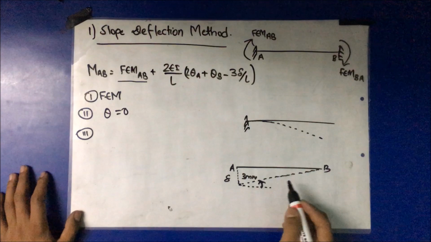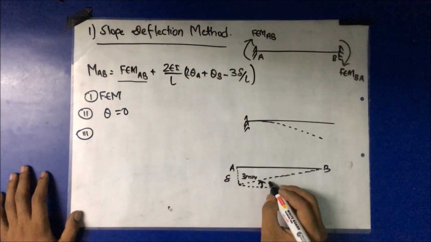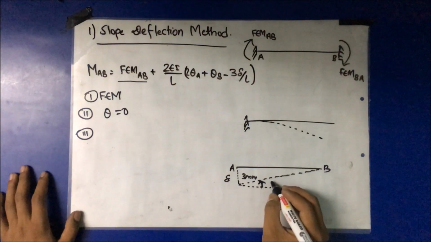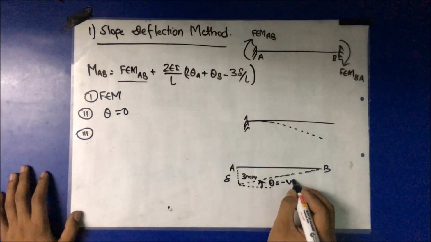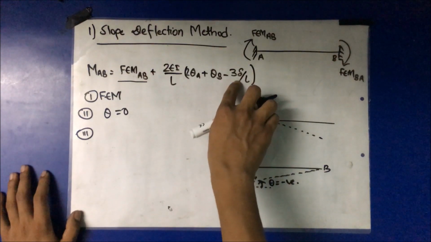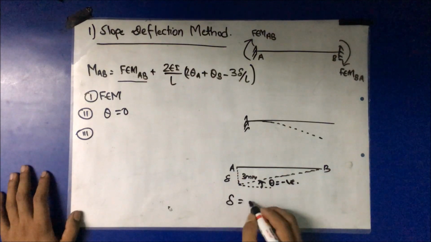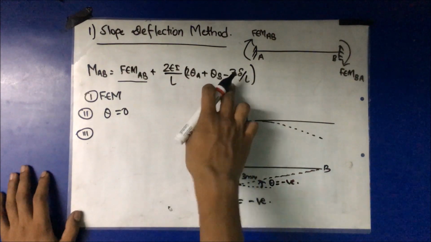Here the angle made with the horizontal is anti-clockwise, so theta is negative, that is you have to put delta as negative. So delta is taken as negative, so negative negative gives plus.